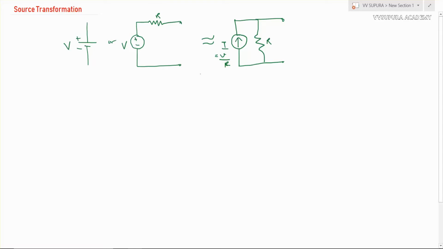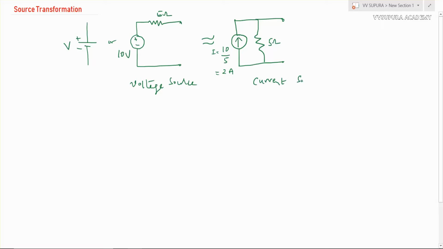For example, if it is 10 volts with 5 ohms, I can convert this voltage source into a current source with I equal to V by R, that is 10 upon 5, 2 amperes, along with the resistor connected in parallel as 5 ohms. That's all, it's a source transformation.